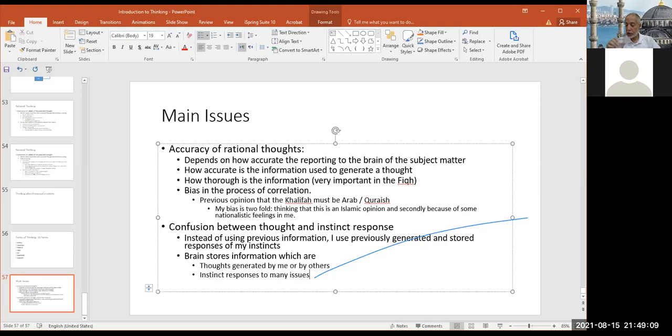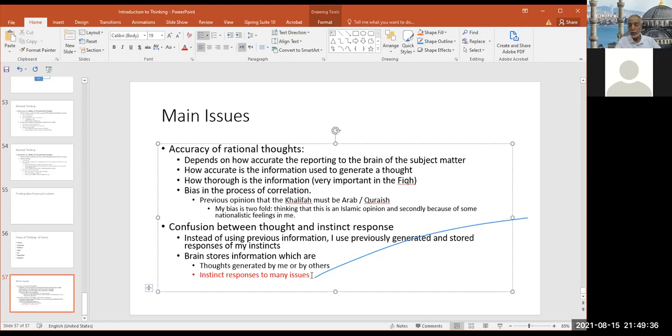Now, in the process of thinking, especially when you are passing a quick or immediate thought, or you are not being thorough, you may end up using partially this part. If you use this one, this does not qualify your thought to be a rational thinking.